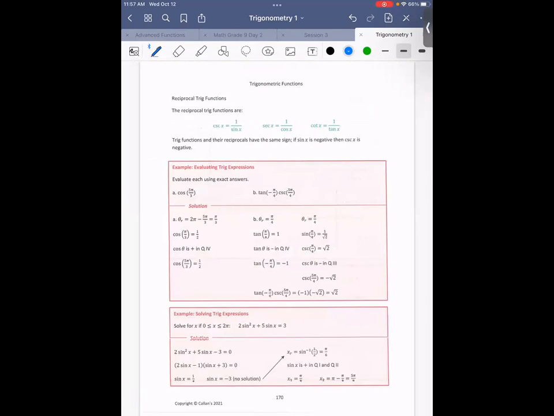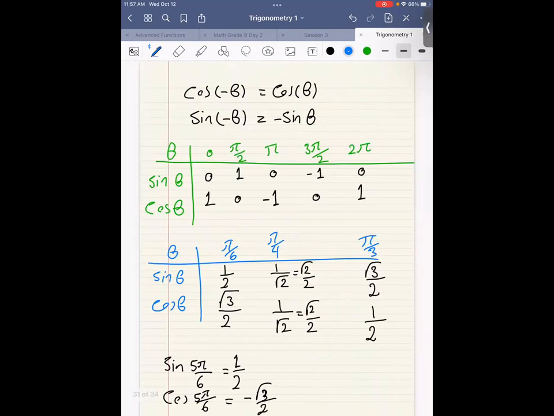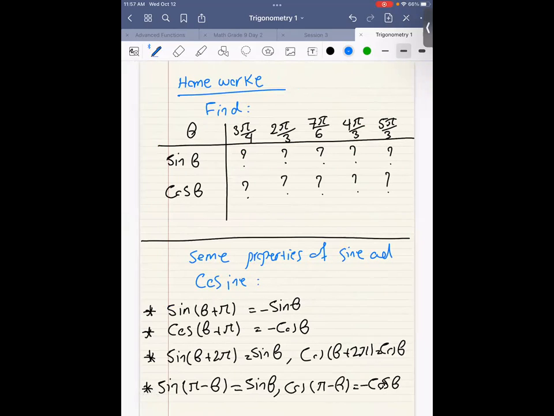So, yeah, I gave you some homework. One of your homework items was to complete this table. Please do this.